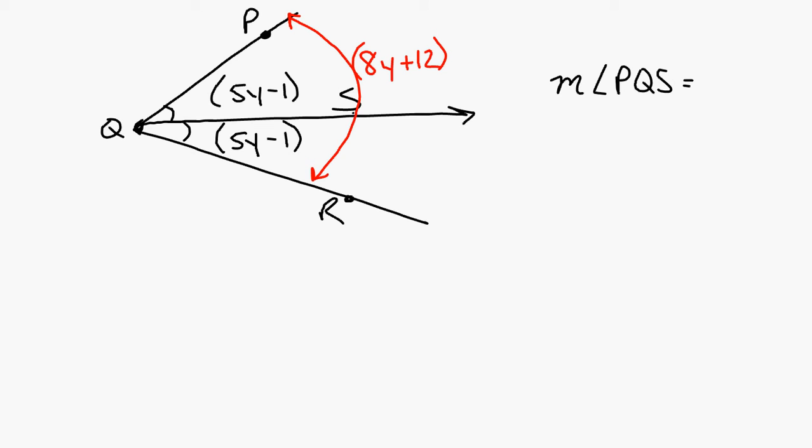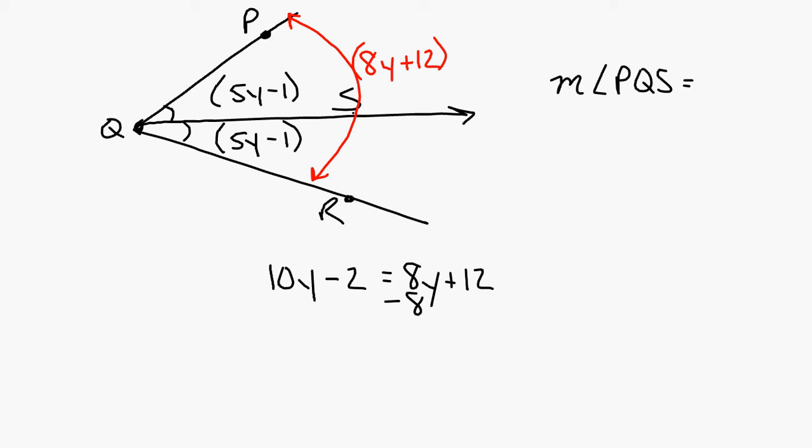So don't the two small ones added together have to equal the big one? So what's 5y minus 1 plus 5y minus 1? 10y minus 2 equals 8y plus 12. That's your setup.